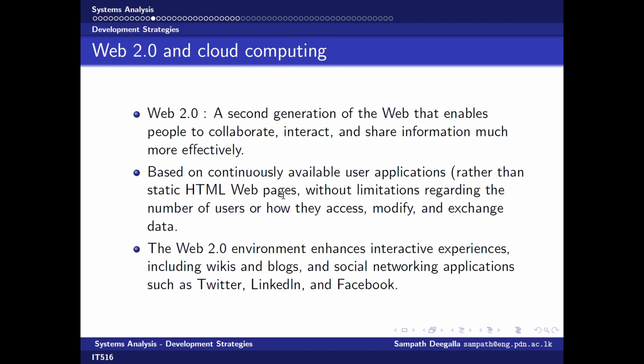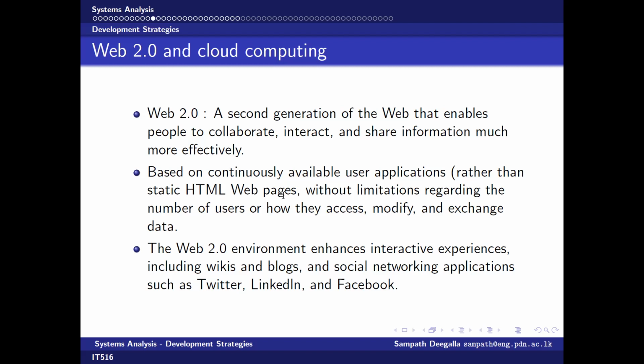Right. Now, if you look at web development, there are different versions people talk about: web version 1, 2, and now people are even talking about web version 3. Here, I'm going to focus on web version 2.0 and cloud computing. That is the second generation of the web. In the second generation, we talk about people collaborating and user-generated content.